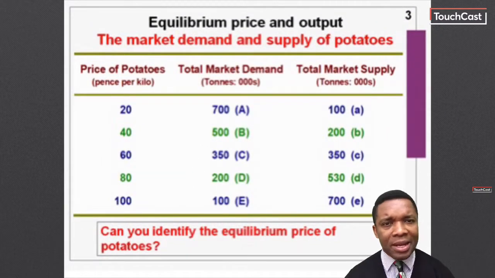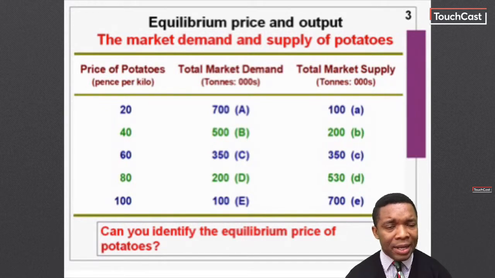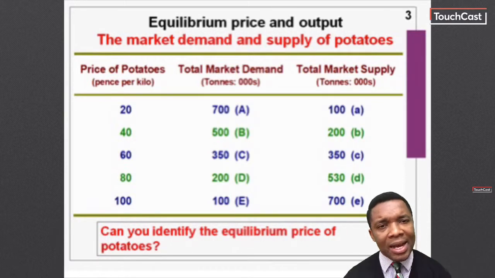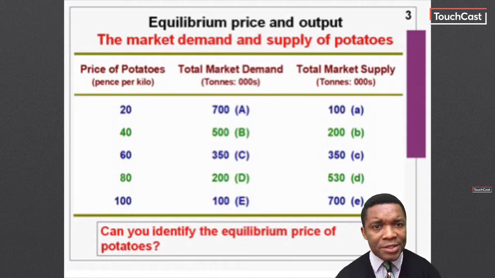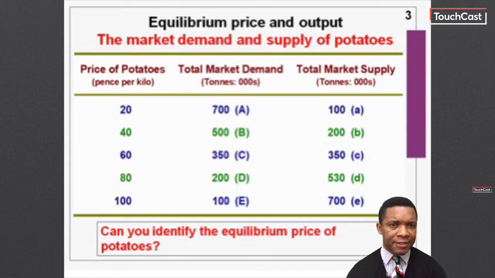Additionally, and following from last session, we were briefly introduced to situations where demand and supply meet, or where demand and supply are equal. And in economics, this is referred to as the equilibrium point. The concept of equilibrium helps provide insight into the linkage between microeconomic and macroeconomic theory.